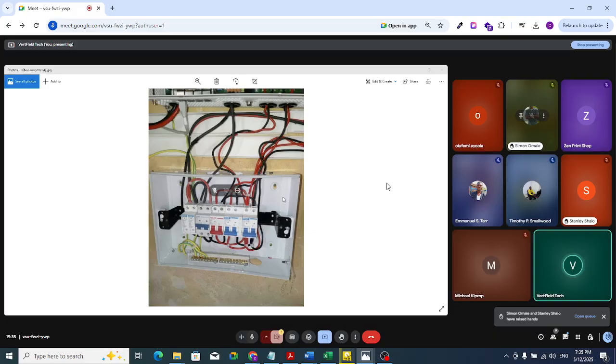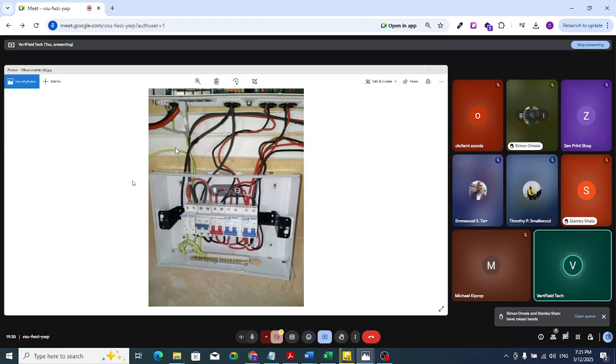You have the surge protector, you have your breakers. All these breakers are not the same. Some are AC, while some are DC. Don't worry if you do not know how to identify them. As you continue this class, we are going to expose that to you.